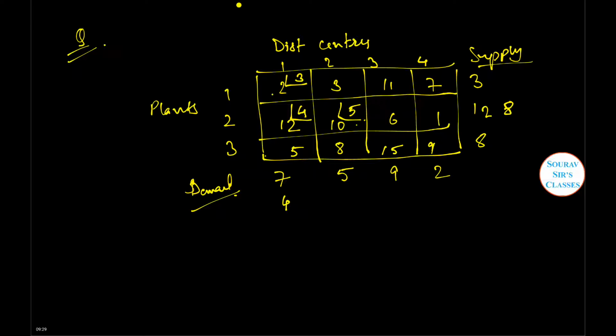Hence we move on to the right of the previous column, that is this column. Here the demand is 9 but the supply is only 3, as 8 minus 5 is equal to 3. Hence the minimum of 9 and 3 is 3 and we allocate this. Similarly proceeding, we see that the allocations are as the following.